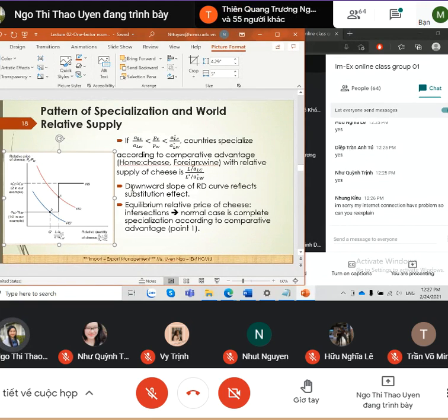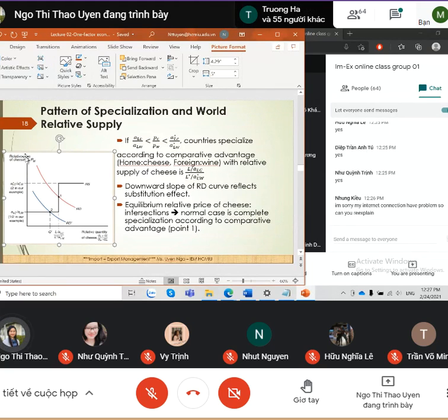And it is substitution effect because when you increase this, it means the price of cheese now is higher, becomes higher and higher compared to the price of wine. Or in other words, the price now in the market, cheese is more expensive compared to wine.